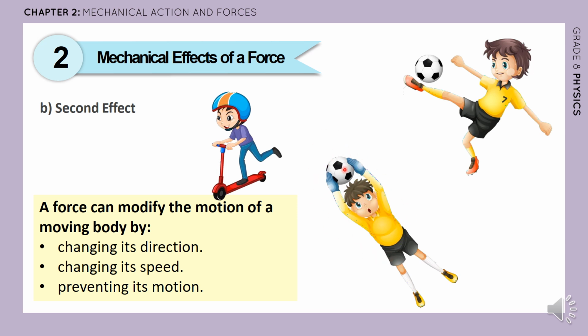So the goalkeeper is holding the ball. So he is preventing its motion by holding it. Okay, so the second effect states that the force can modify the motion of a moving body by changing its direction, changing its speed, or preventing its motion.